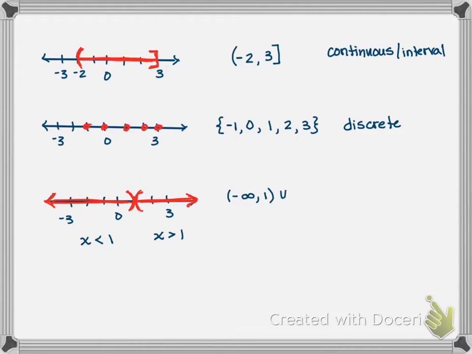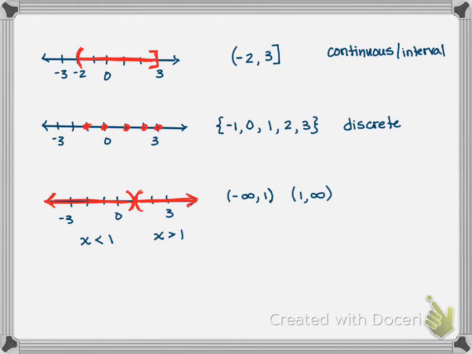And then we want to start up again at 1, and there's no largest number in the set. So this is every single real number except for 1.